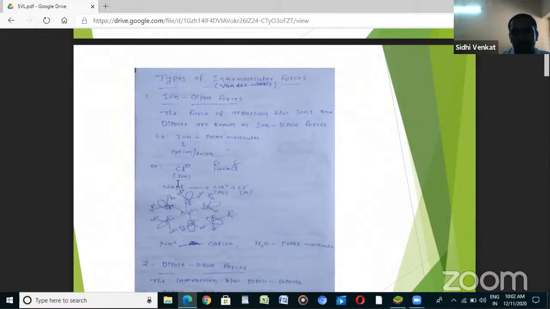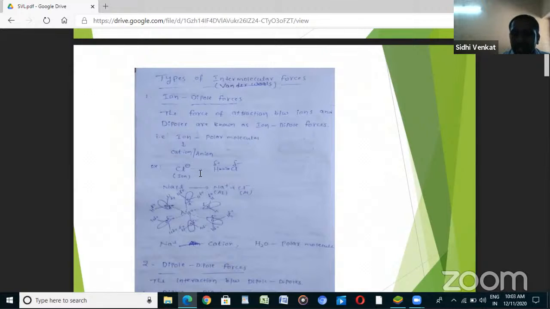Look at the example: we take the Cl minus anion, and the polar molecule is HCl. Look at this HCl, H plus and Cl minus. In the arrow mark, we can see the electron density moving toward the more electronegative side. Here the ion is Cl minus and the polar molecule is HCl.